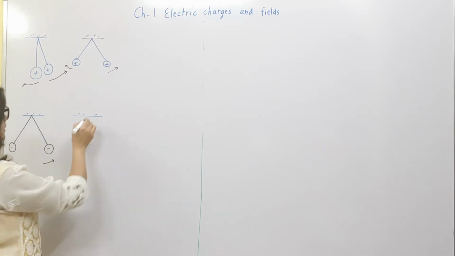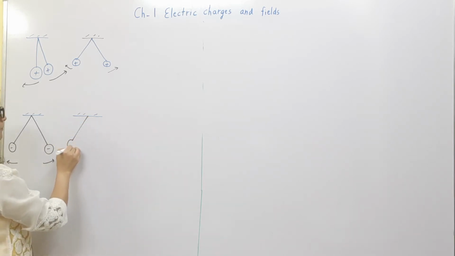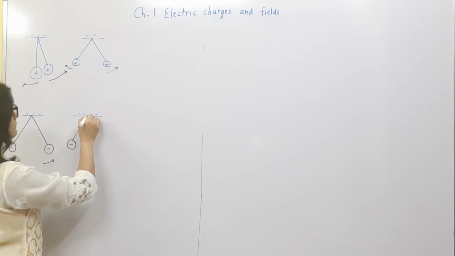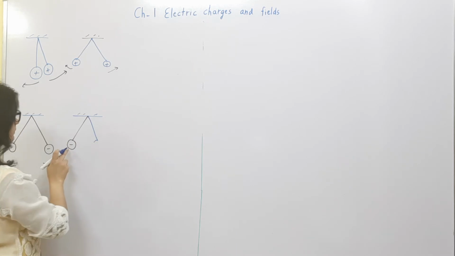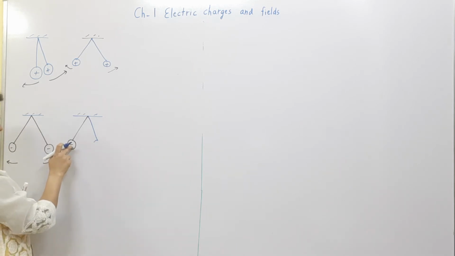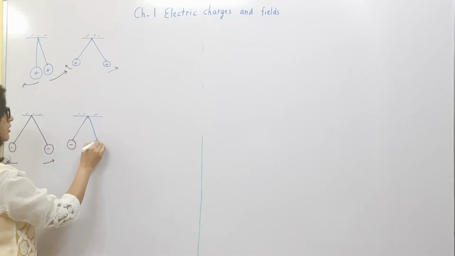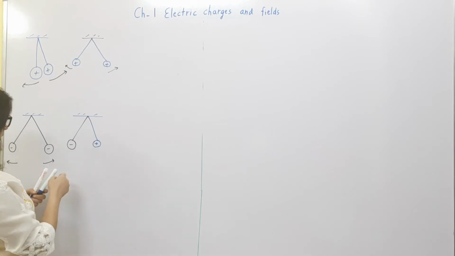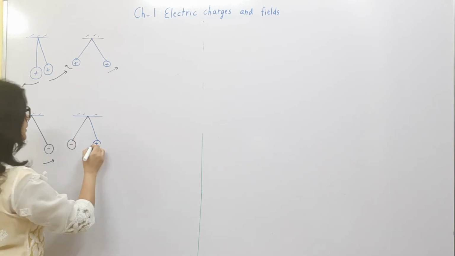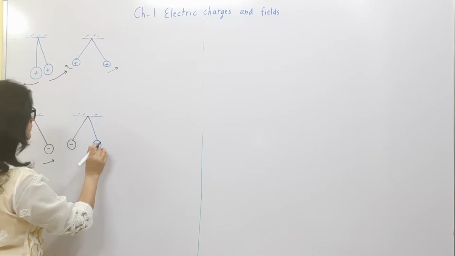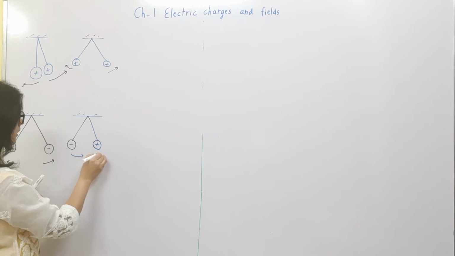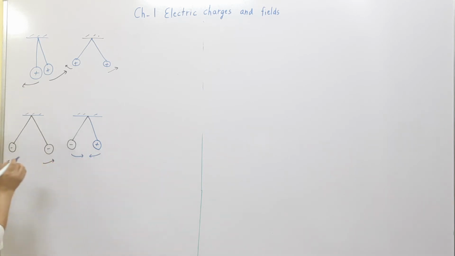right? But if a plastic rod is brought in contact with the pith ball, and this pith ball is brought near the pith ball which was touched with the glass rod rubbed with wool or silk, it was observed that these attract each other, right?